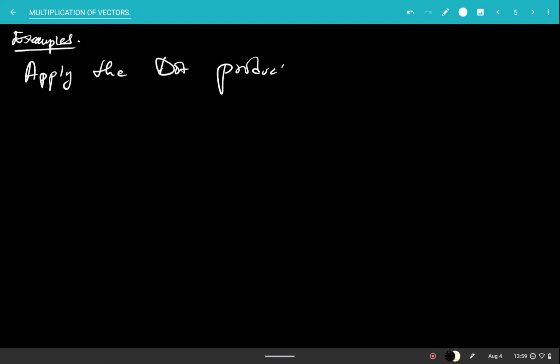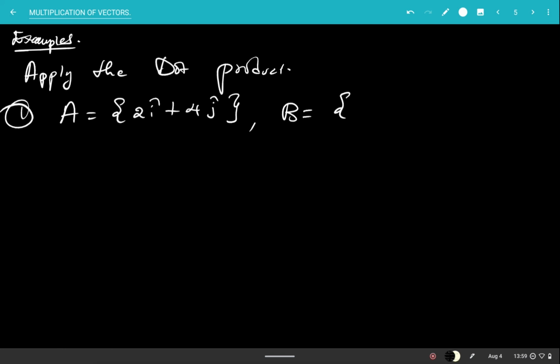Okay, so since we're applying the dot product, let's assume we have question 1, which has the elements 2 in the i plus 4 in the j, and it has B, which has 1 in the i, then minus 3 in the j.